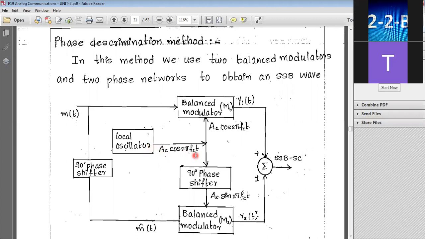That local oscillator is applied to the first balanced modulator and the second balanced modulator, but it is applied to the second balanced modulator through a 90 degrees phase shift. For the first balanced modulator, the signal is applied as it is, so that is Ac cos 2 pi fct.